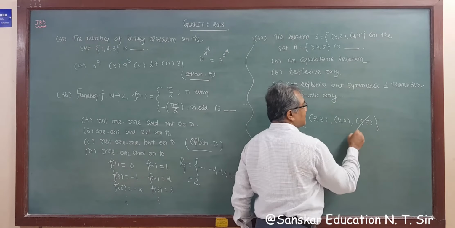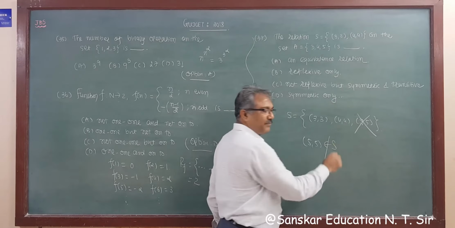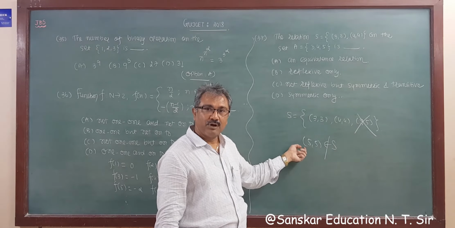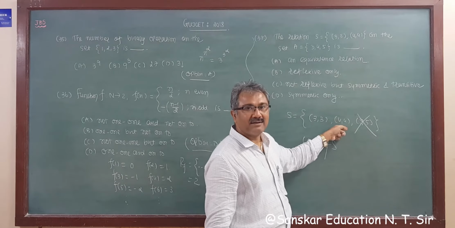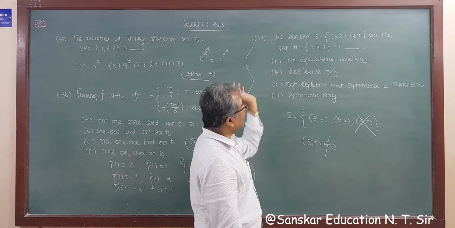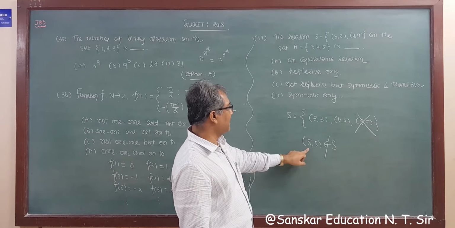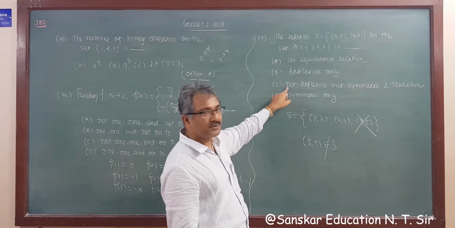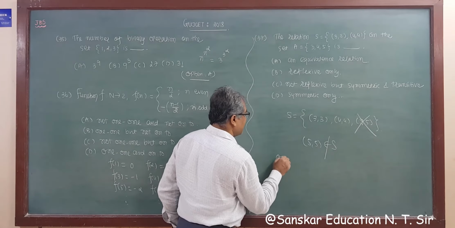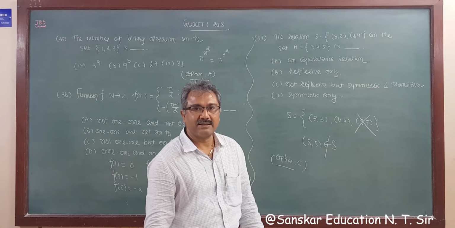But here we can't have this, meaning (5, 5) does not belong to S. That is, the relation is not reflexive, but (3, 3) and (4, 4) are there, so it is transitive and symmetric also. That means it is not reflexive but symmetric and transitive. That is option C, your correct answer.